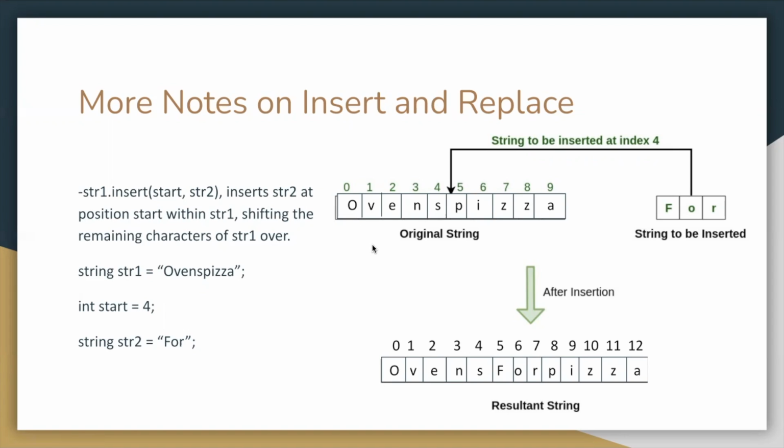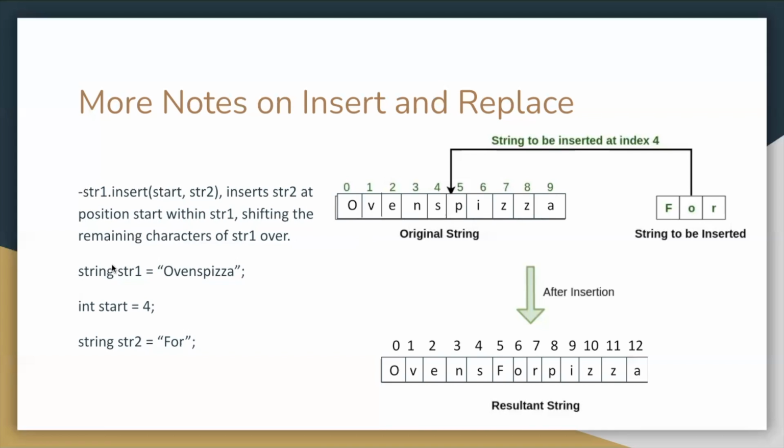It's a weird little phrase to say, but that's just the phrase we've come up with for now. So 4 is the string that we want to insert. And we want to insert it between the S and the P for ovens and pizza. So we're going to move this string to be inserted at index 4. So it's going to be inserted right here.